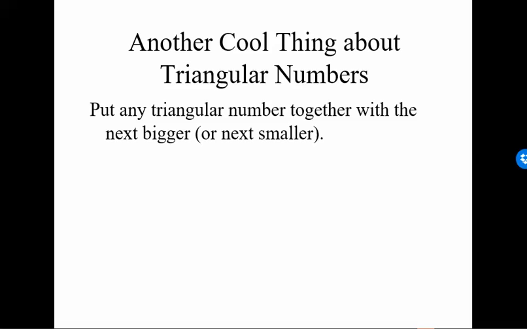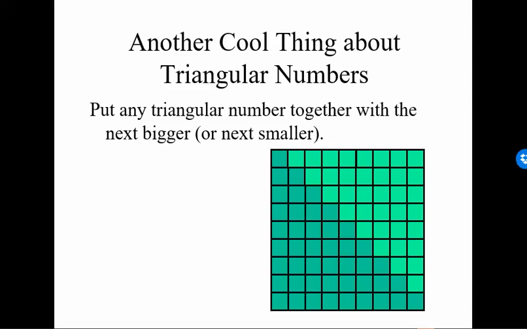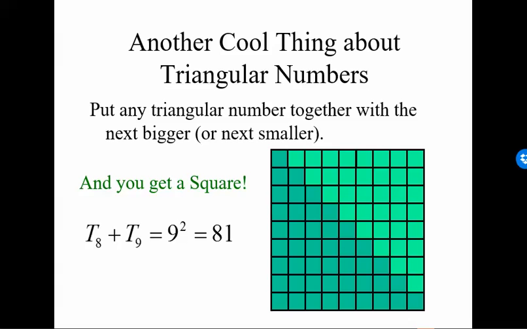If you take a triangular number and put it together with the next one in line, like this and this, you get a square. So the 8th triangular, for example, plus the 9th triangular is 9 squared.